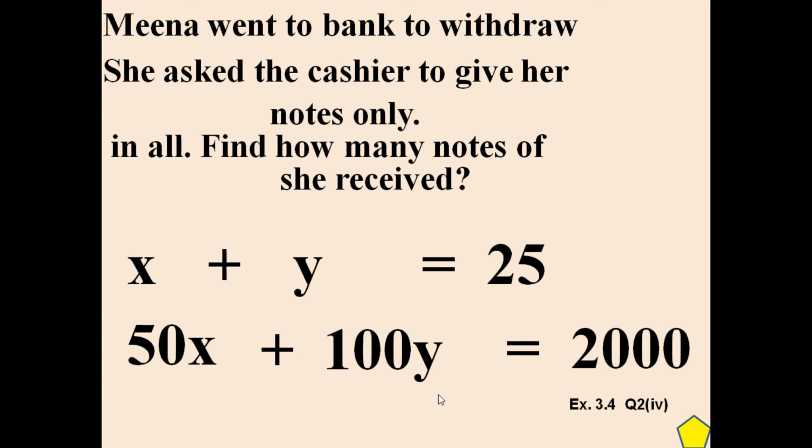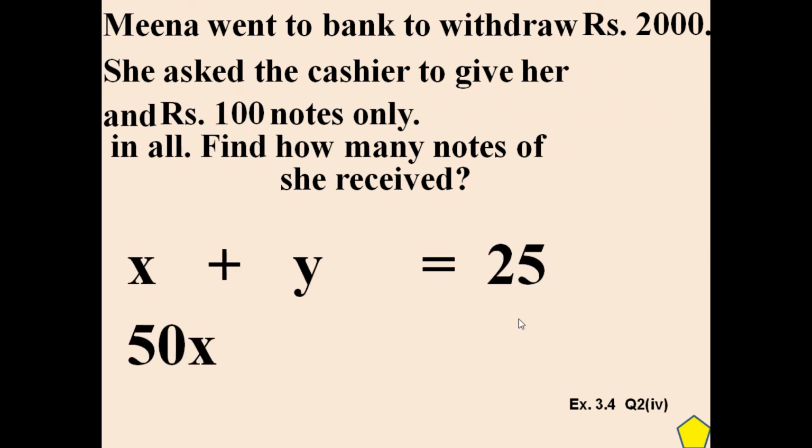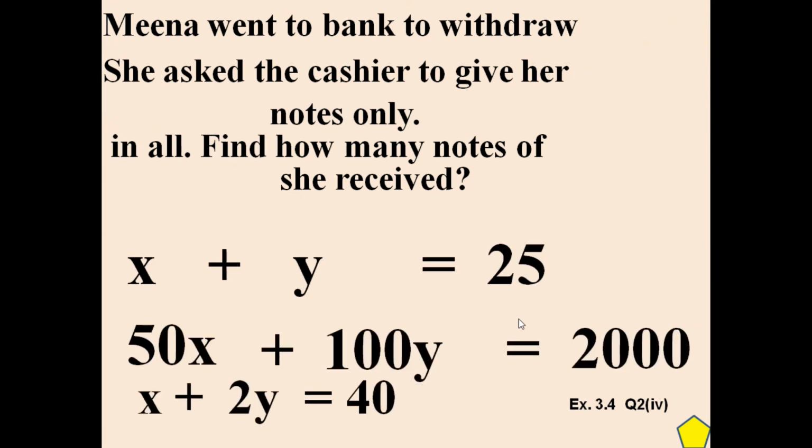We have a similar question. Now, in this particular question, it is ideal that we simplify each of these terms. So when we have this equation here, we divide each term by 50. So we get x plus 2y equal to 40.